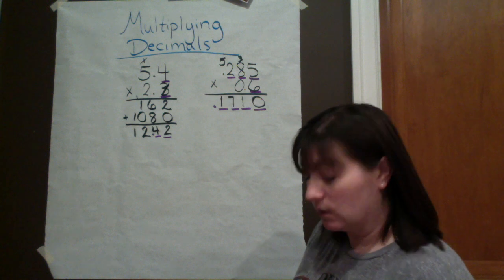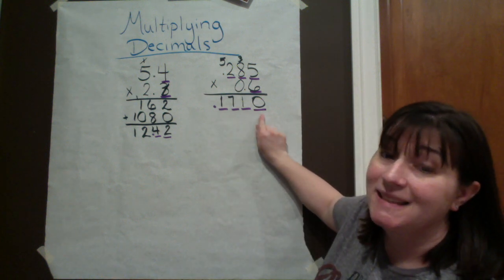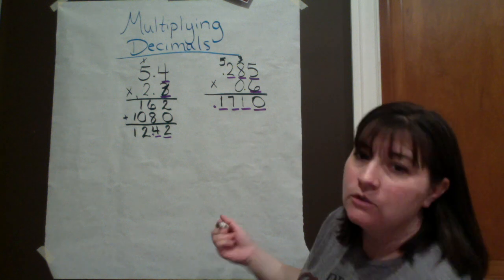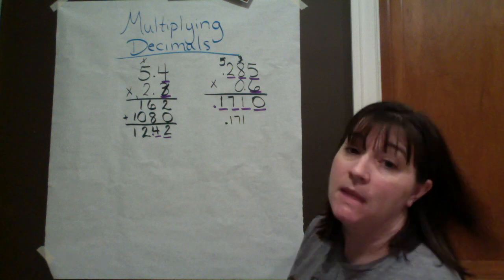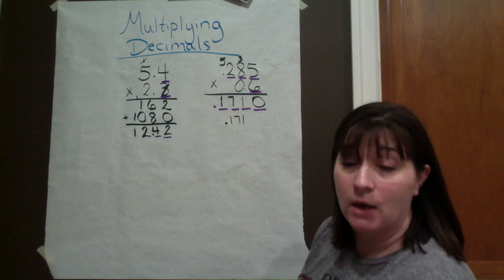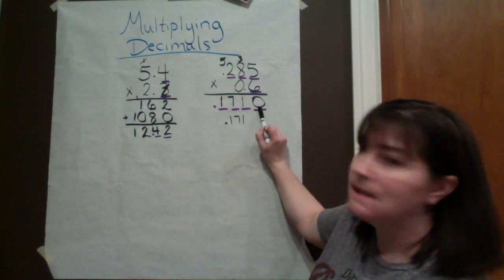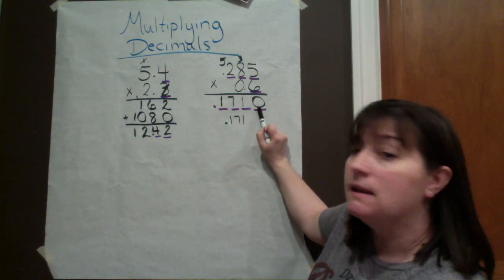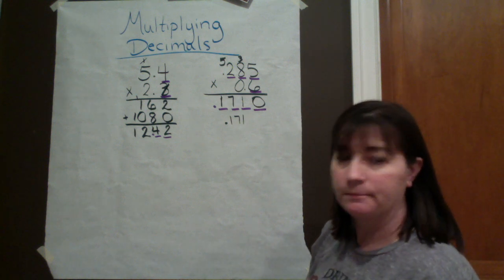So my answer can either be written as 1,710 ten-thousandths, or I can drop that 0 off the end and make it 171 thousandths. Remember, when we're working with decimals, zeros at the end can either be put on there or taken off. It doesn't change how much the problem is worth.